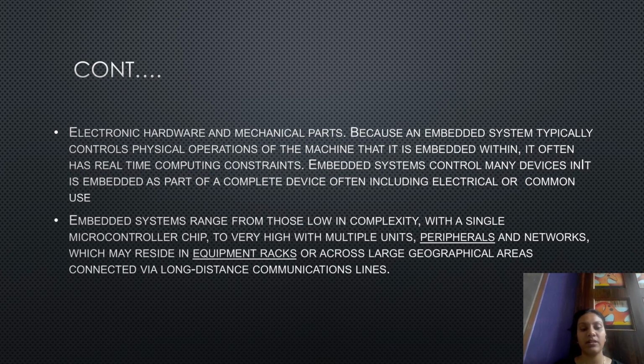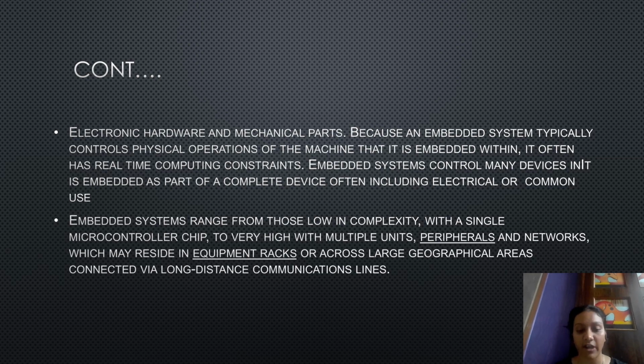The embedded system contains electronic hardware and mechanical parts as well. An embedded system typically controls physical operations of the machine that it is embedded within. It often has real-time computing constraints. Embedded systems control many devices, which are embedded as part of a complete device, often including electrical or common use.